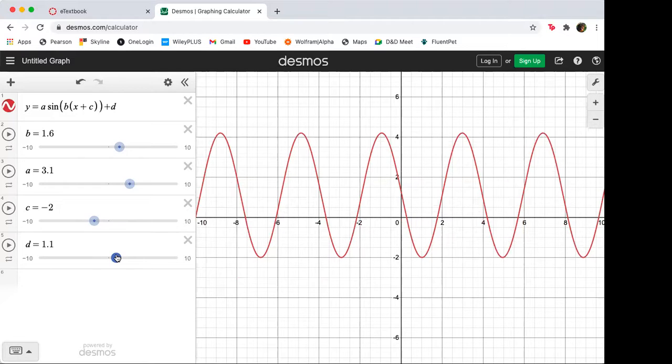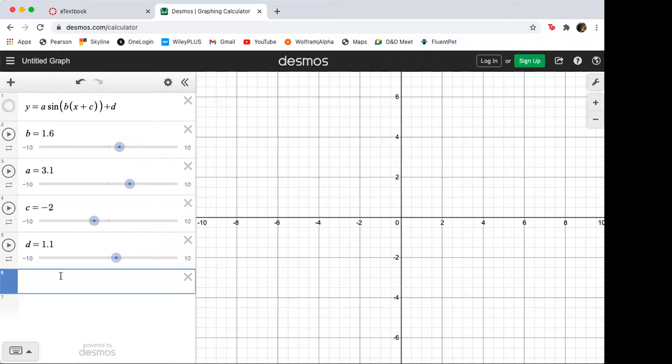The generalized version of this is that if we have a function like, let me turn this one off. Let's change our function to something else.